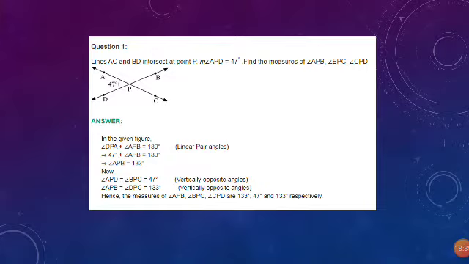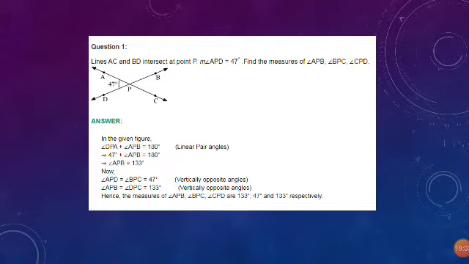Angle APB equals angle DPC equals 133 degrees.